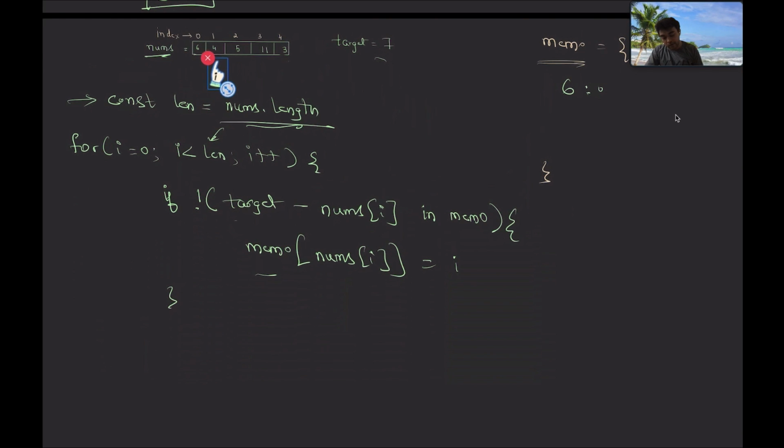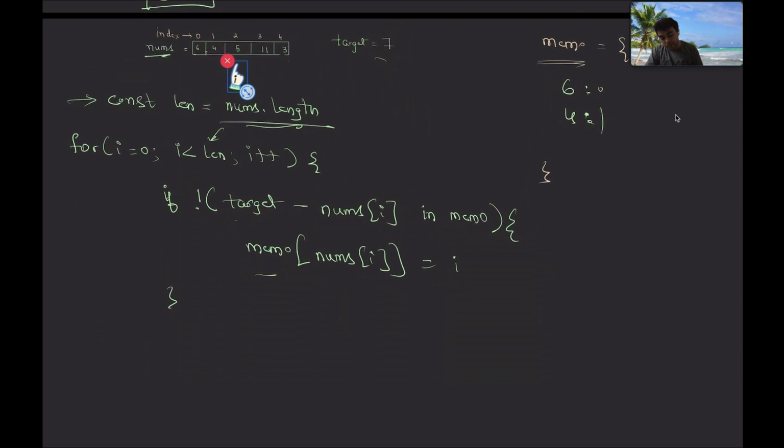So 6 got added. If we go to 4, we check if target minus nums of i. So target minus 4, 7 minus 4 is not in memo. It's not in memo. So we add memo of nums of i, which is memo of 4 is equal to index 1. So let's add that.